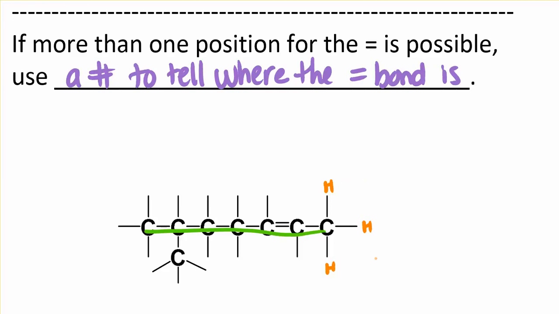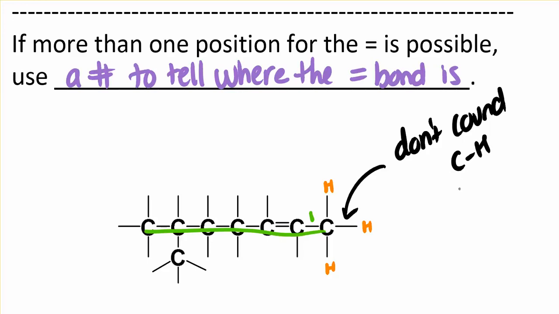I haven't been showing those dashes and the H's, but they're there. So when I go to number my bond, this is bond 1 here. I don't count this one as bond 1 because it's a C to H bond. So I number from this end for my bonds.